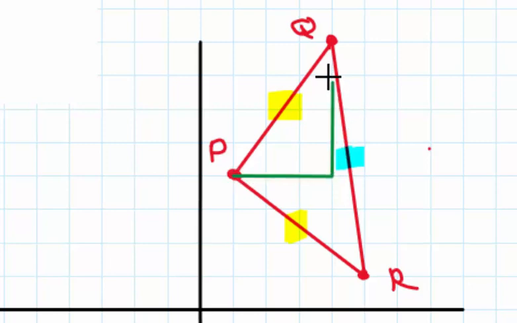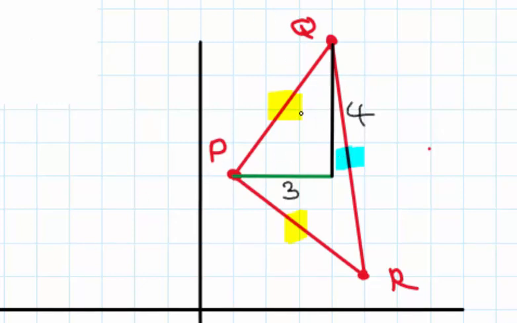And since it's on an xy axis, I can find the length of these two new lines that I just drew. This length, according to the xy axis, is 1, 2, 3 squares. And this length is 1, 2, 3, 4. So it is a triangle 3 by 4.